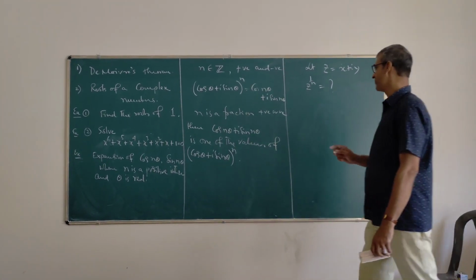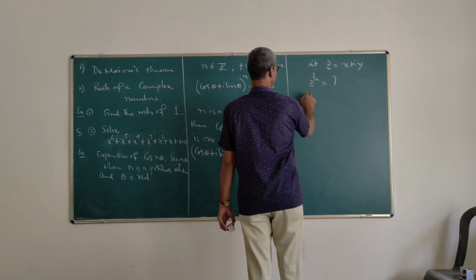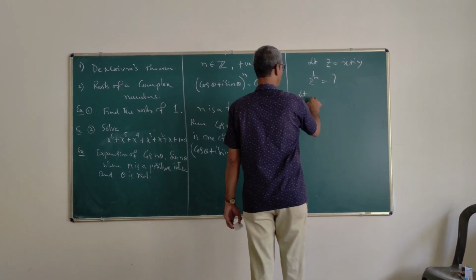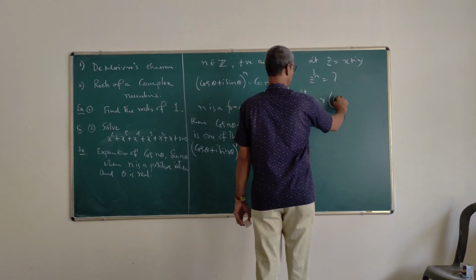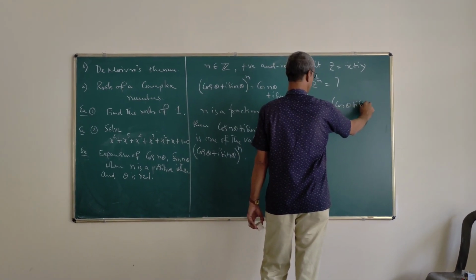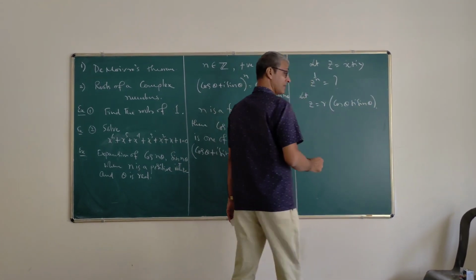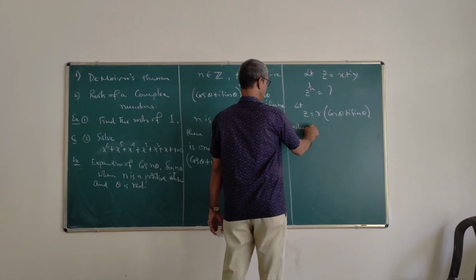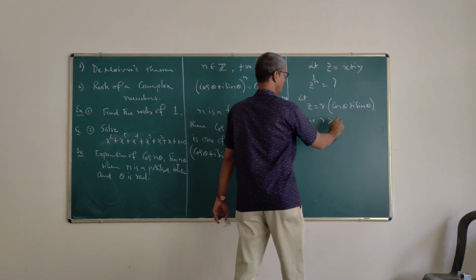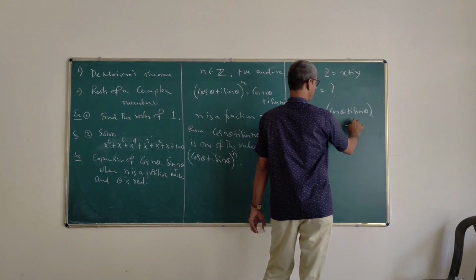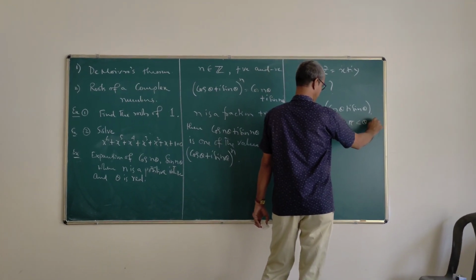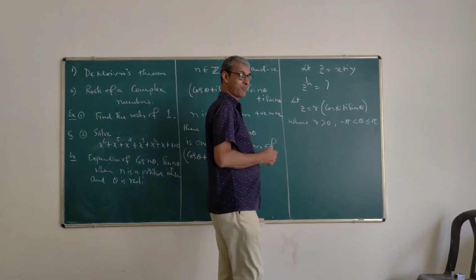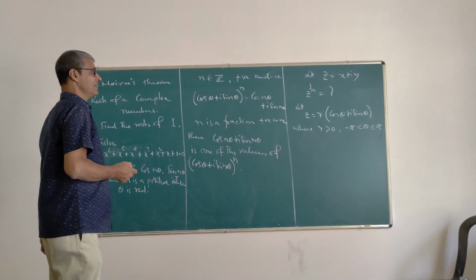First, step 1, polar form. The polar form of z is r (cos theta plus i sin theta), where theta is the principal argument and r is the modulus of z.